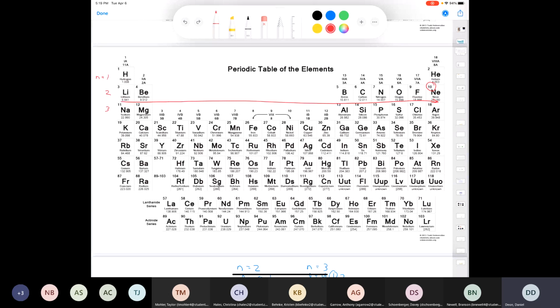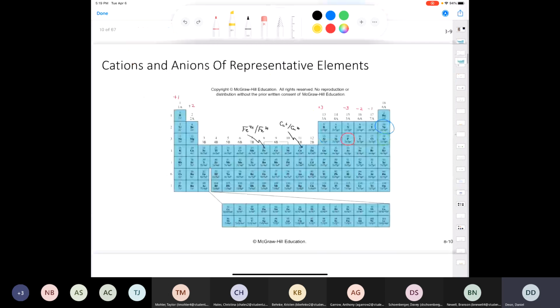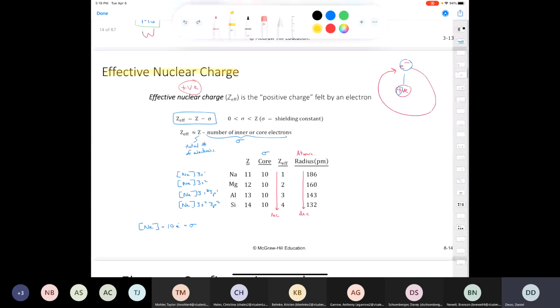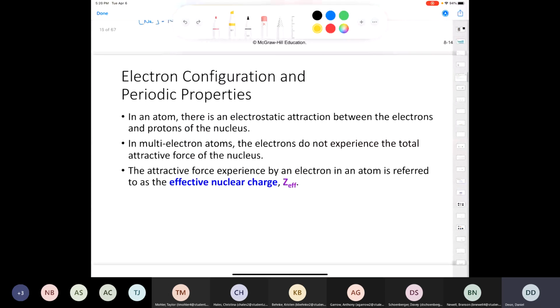So as the nucleus gets more and more positively charged as we go across the period, the valence electrons are going to feel more and more of that effect because the same number of electrons are blocking the positive charge. And that's what effective nuclear charge is. It's the effect that the nucleus has on the valence, or the outermost, electrons.